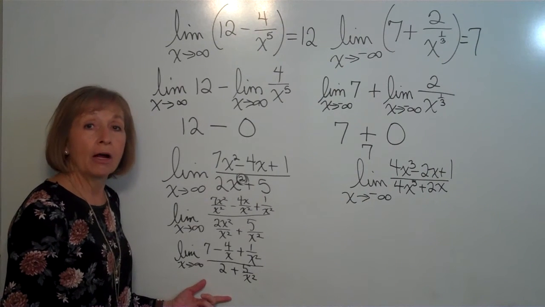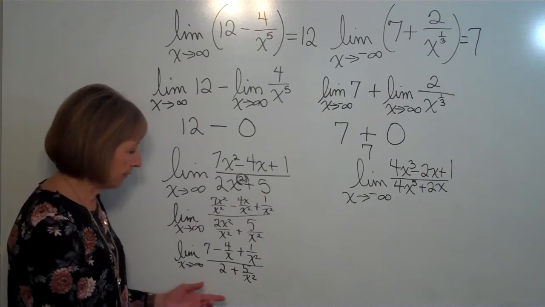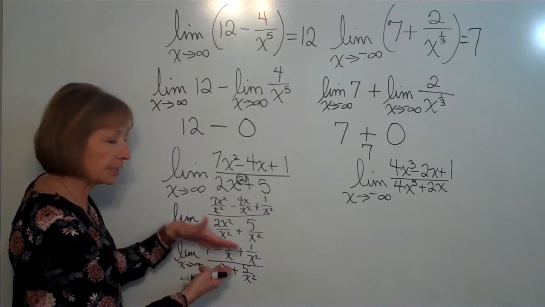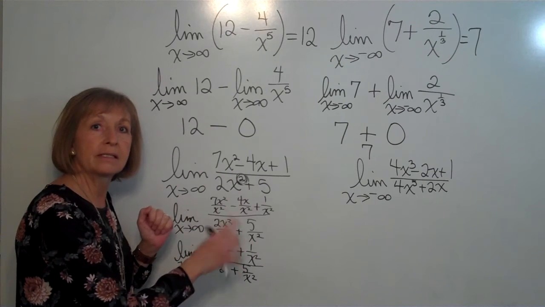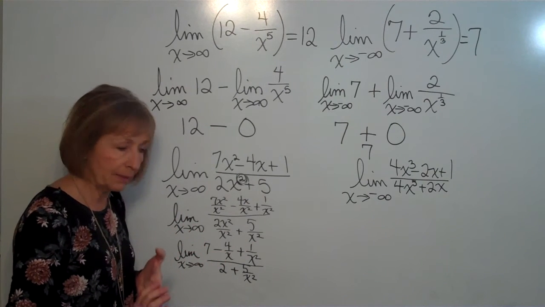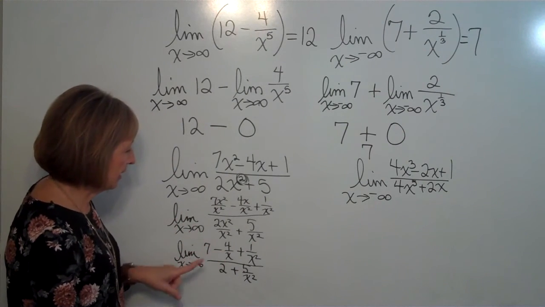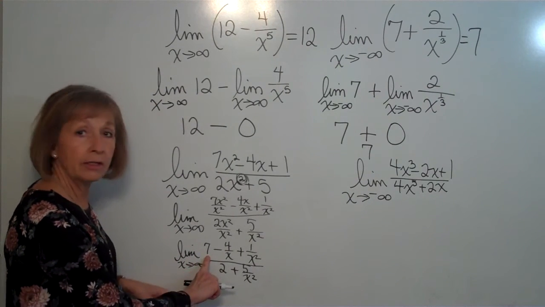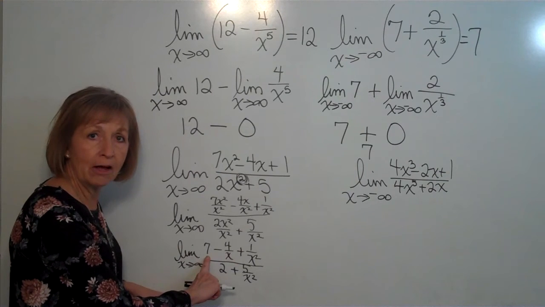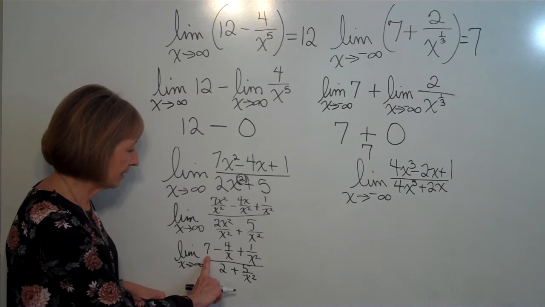Now, applying our properties of limits, the limit of a quotient is the quotient of the limits, and the limit of the terms is the sum or difference of the limits. And as I look at this, going through, I have my fraction bar. In the numerator, the limit as x approaches infinity of 7 is still 7.